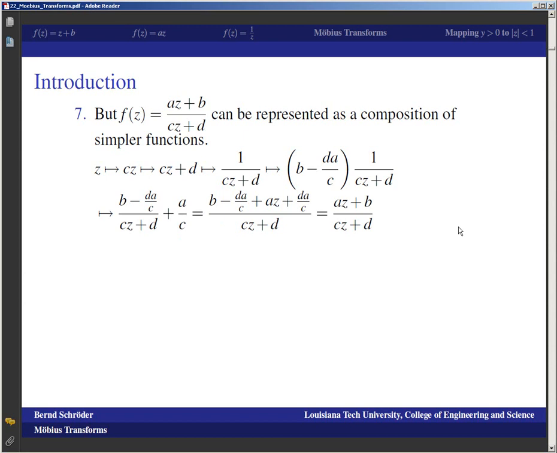Especially in this part of the course, this approach of taking a function and breaking it down into a composition of functions that we have a chance to analyze is very, very common. And so as we go through this, you will develop quite an eye for these kinds of decompositions.